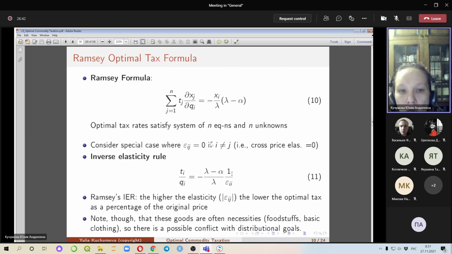So the optimal tax rate satisfies a system of n equations with n unknowns. We can write this formula 10 for each i, where i goes from 1 to n, and then it will give us the tax rates.